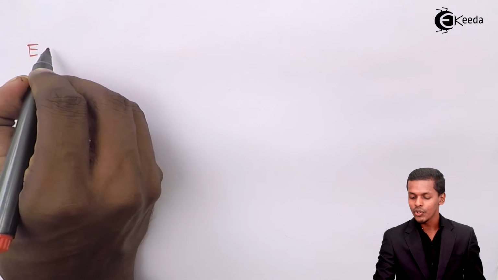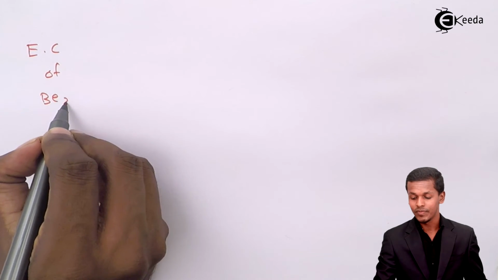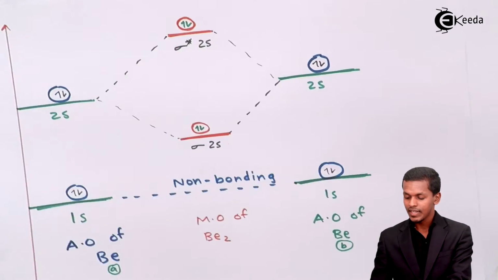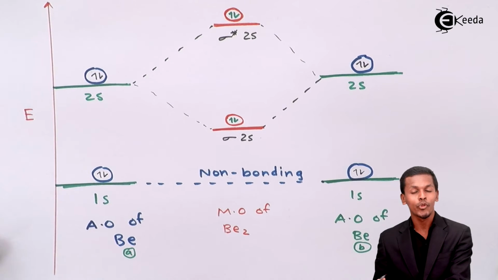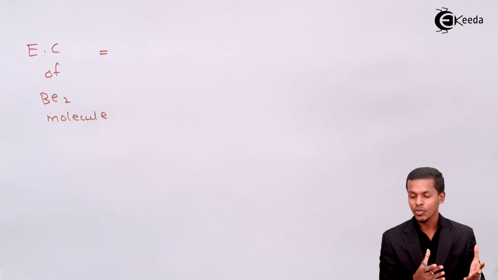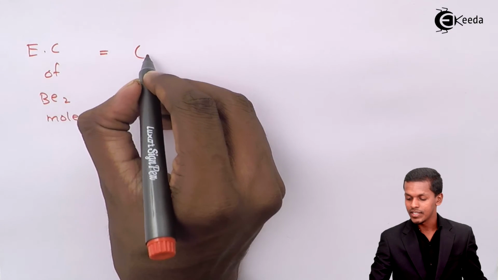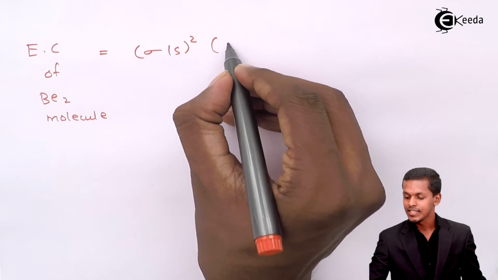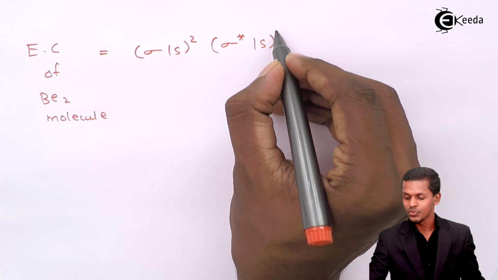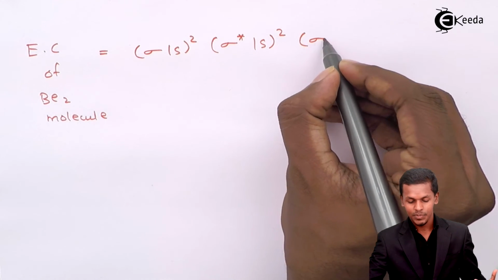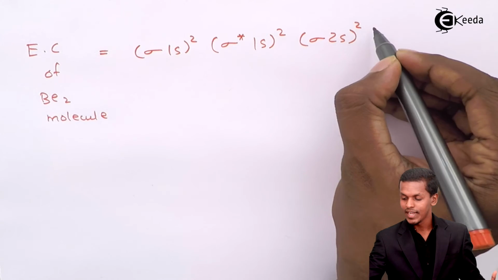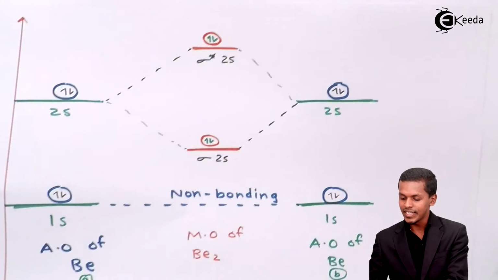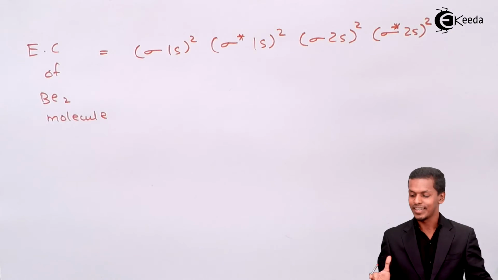I could easily say that the electronic configuration of the Be2 molecule will be sigma 1s 2, then sigma star 1s 2, then sigma 2s 2, and the last one is sigma star 2s 2. So this is the electronic configuration we have designated over here.